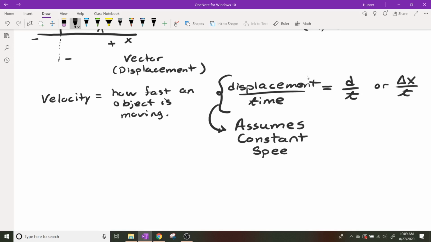Okay, and that is a big assumption. This assumes that you are traveling at a constant speed and you are neither speeding up nor slowing down. This displacement over time is for coasting on the highway mode. So if you are moving at a constant speed, you can easily use this formula to find out your speed.